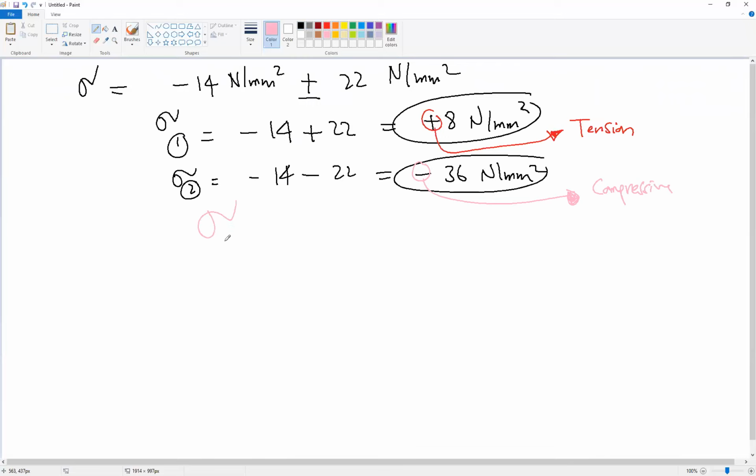So sigma max compressive will be negative 36 Newton per millimeter square.